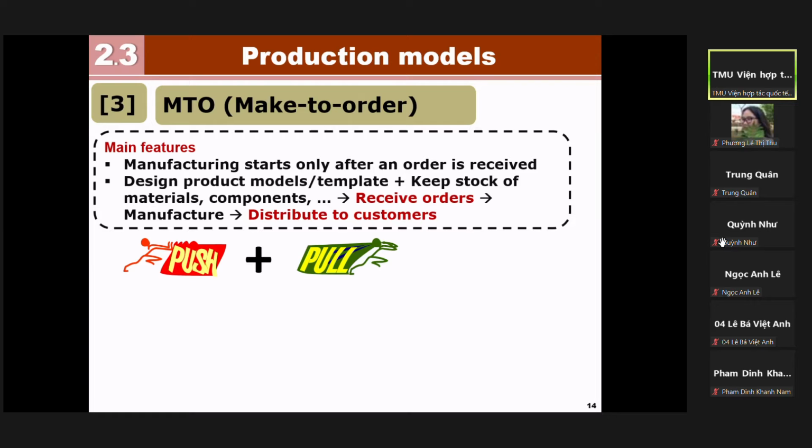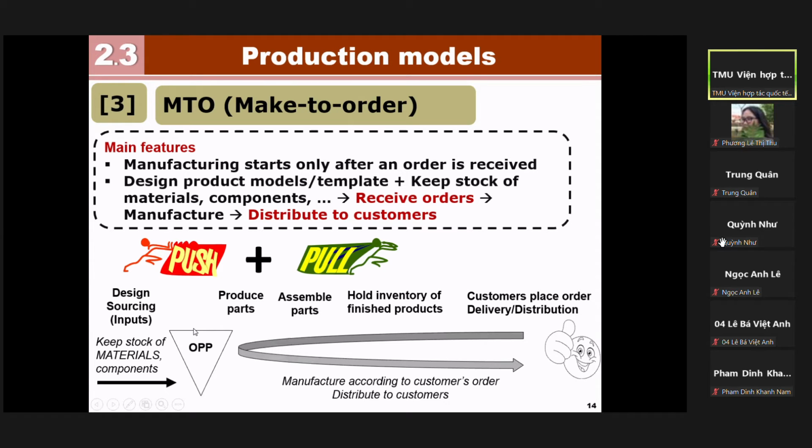However, you don't have to predict the demand for the finished product, but you just have a kind of assumption for how many products you may possibly need to produce, or after receiving the orders, you calculate the amount of components and materials, and you buy this in advance and keep it in the stock. So that is the pushing part.